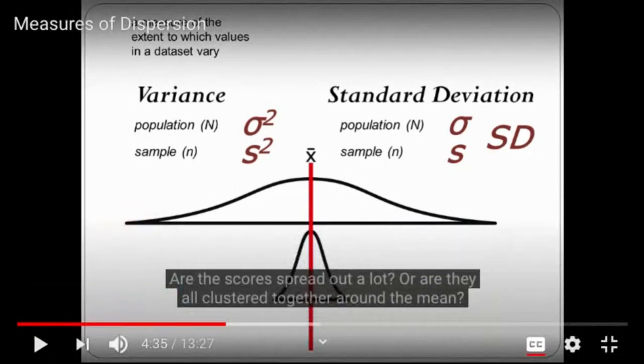Okay, so I just want to explain this. If you look at the first graph, you'll see that the mean is not very tall. There's a lot of data underneath this curve, which means there's a big spread in the data.